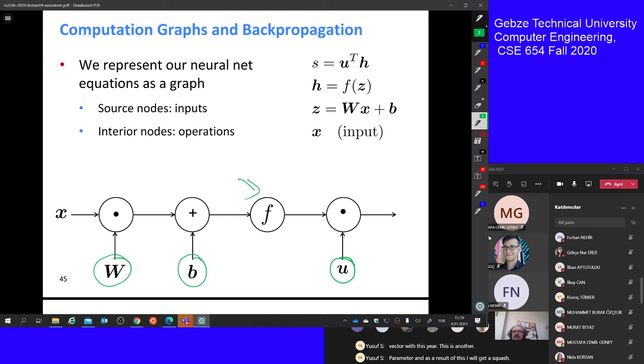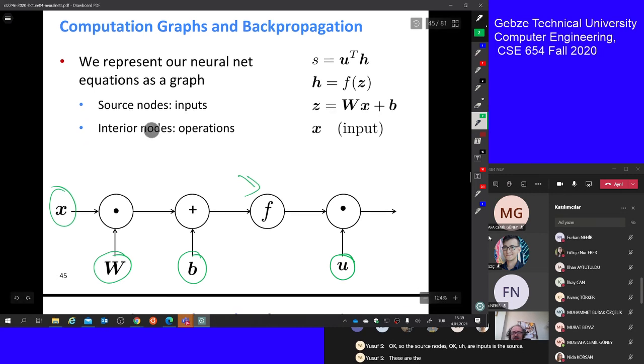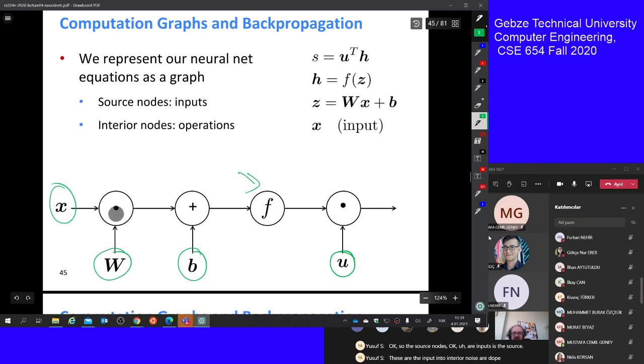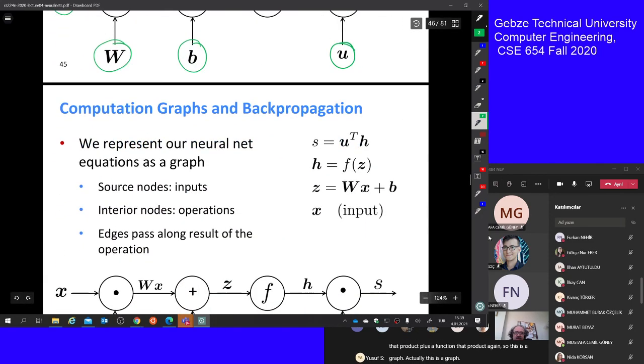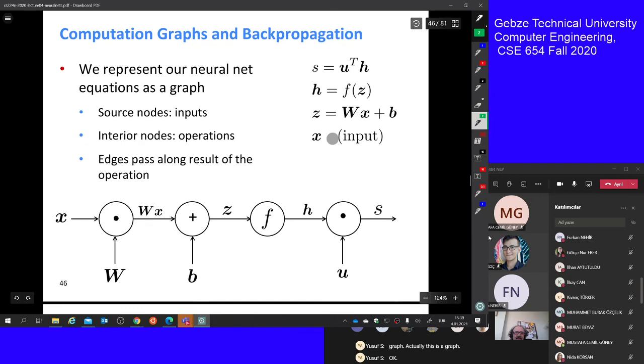The source nodes are the inputs. Interior nodes are the operations: dot product, plus, the f function, dot product again. So this is a graph, and we are going to show the backpropagation and forward iteration on this graph.